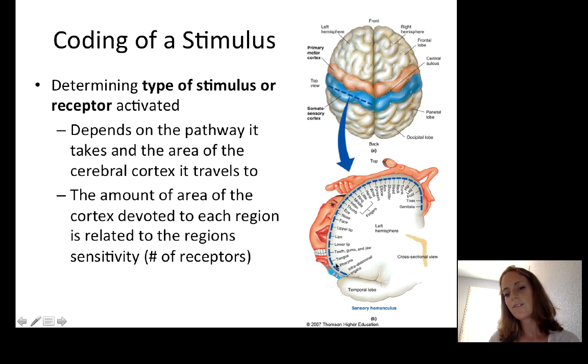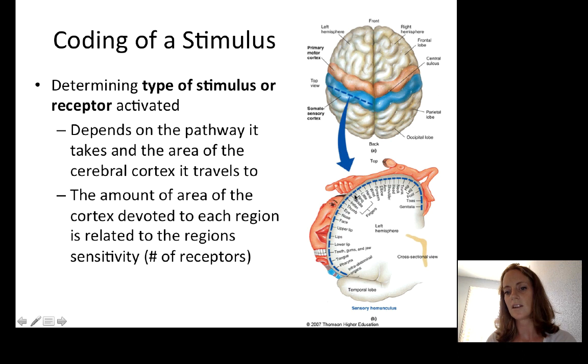This, for example, is the somatosensory cortex, and mapped out here are regions of the somatosensory cortex that respond to touch sensation in various regions of the body. If you were to stimulate here, you would have a sensation in your lower lip. Here, you would have sensation in your face.